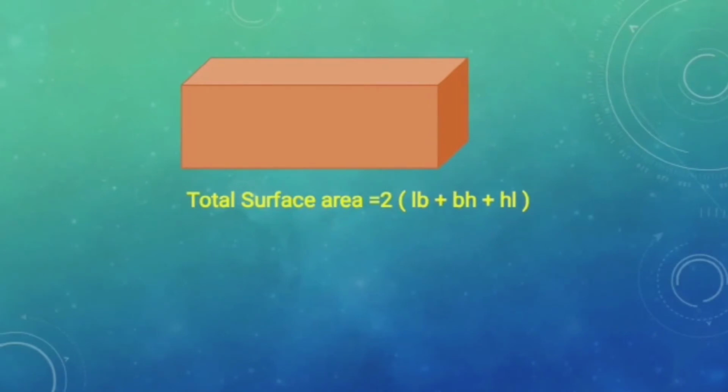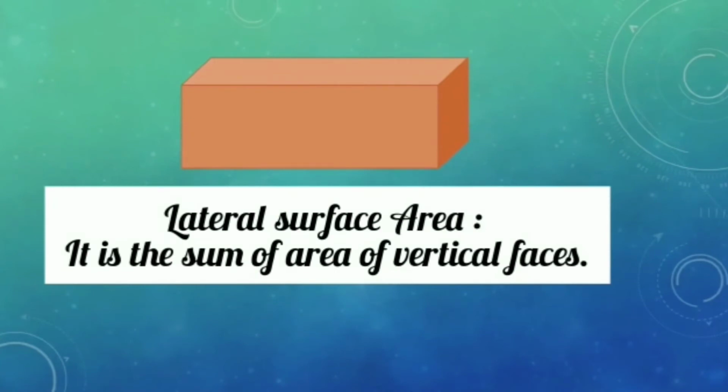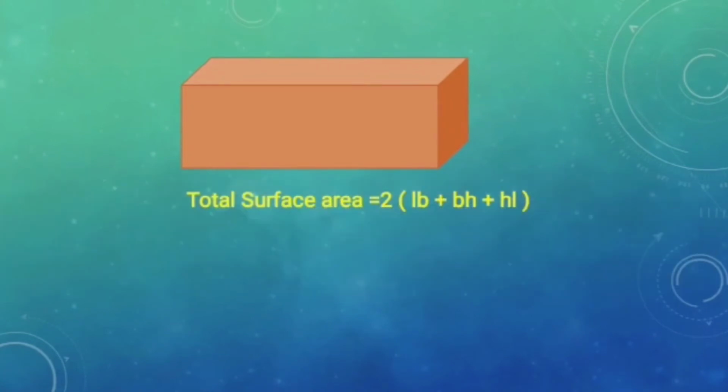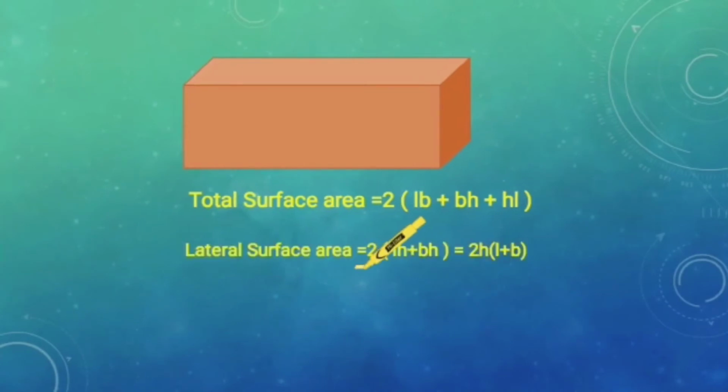Understood? Students, for finding the lateral surface area, we will find the sum of the area of 4 vertical faces, right? So the sum of the area of 4 vertical faces or side faces gives the lateral surface area. The formula to calculate the lateral surface area of a cuboid is 2LH plus 2BH, we will take this h common and we will get 2h into (L plus B), or we can write 2(L plus B) multiplied by h.